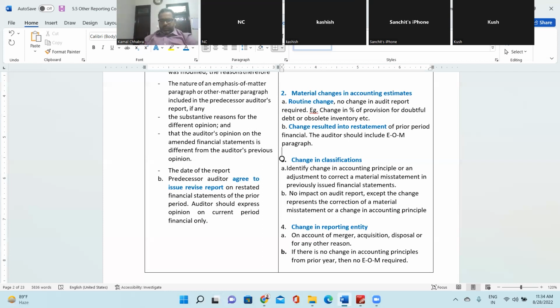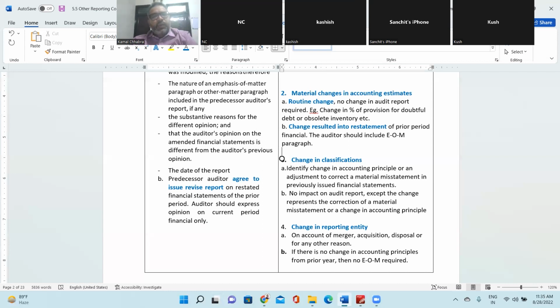Ideally the rate of increment should have been considered at 10%, but unfortunately you have considered 5% or 6% or 7% in the current year as well as the previous year. Somehow it was missed in the previous year, and in the current year you have identified that this misstatement has happened, and that requires a restatement of the previous year number as well. So those are the kind of estimates which may result in restatement of the prior year.